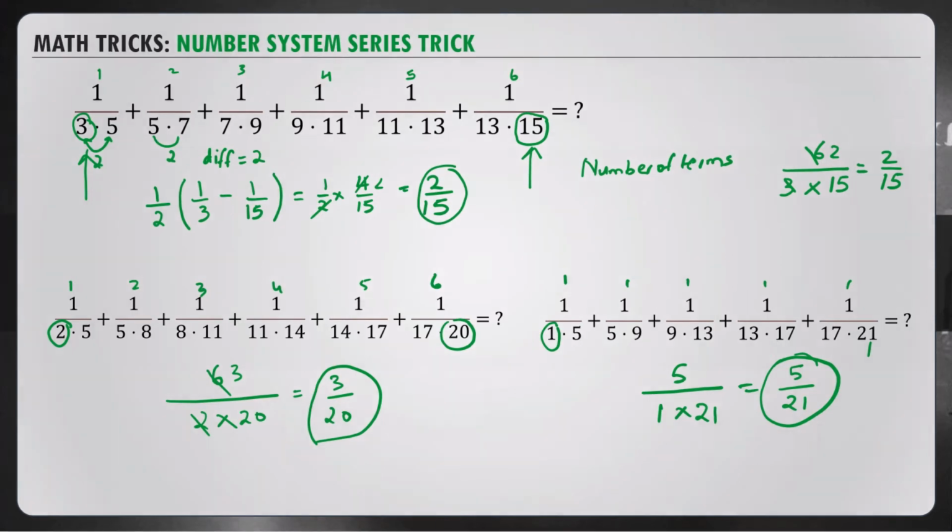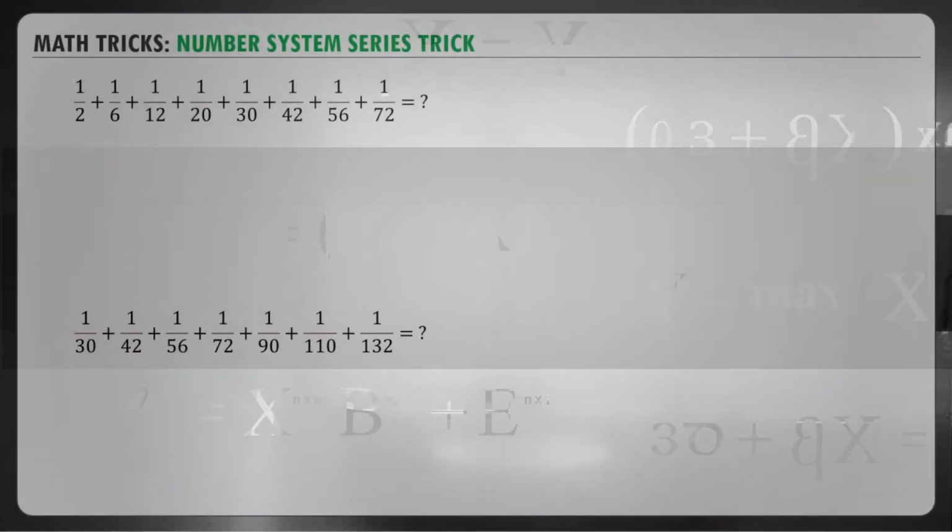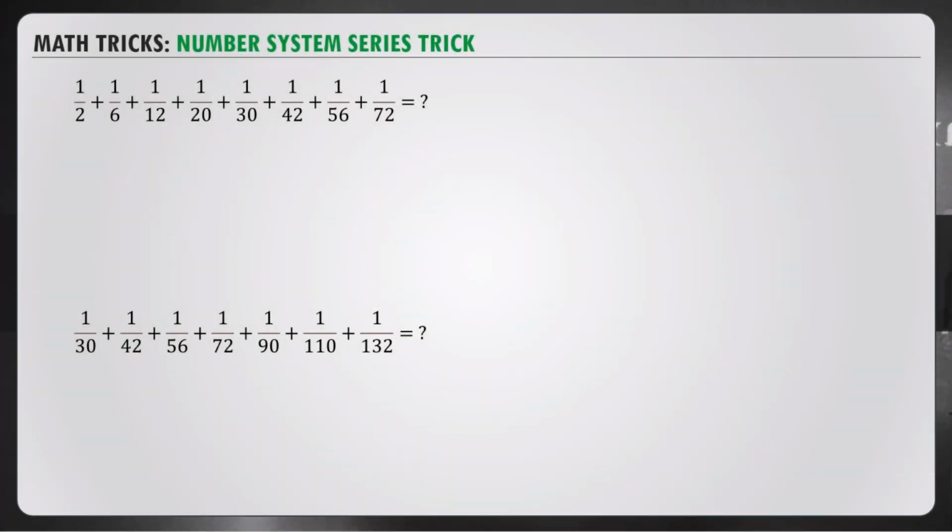Let's do another one. What if we have numbers like 1 over 2 plus 1 over 6 plus 1 over 12 and so on to 1 over 72? What is their sum?